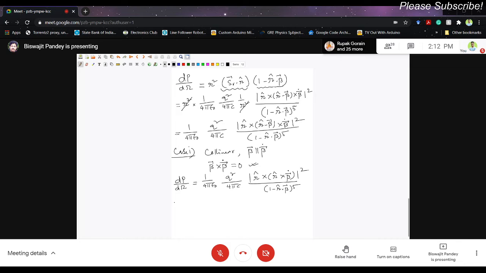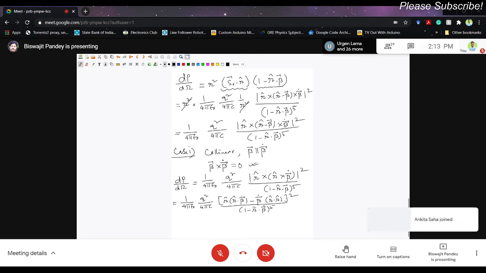So what will be that? 1 over 4 pi epsilon 0, q square by 4 pi c, a cross b cross c is b (a dot c) minus c (a dot b), so r cap (r cap dot beta dot) minus beta dot (r cap dot r cap), whole square, divided by (1 minus r cap dot beta) whole to the power 5. r cap dot r cap is of course 1.